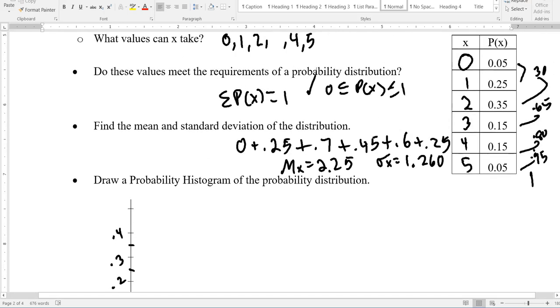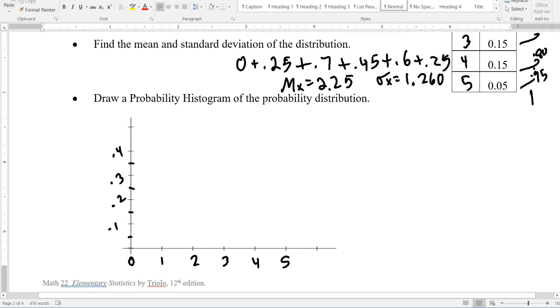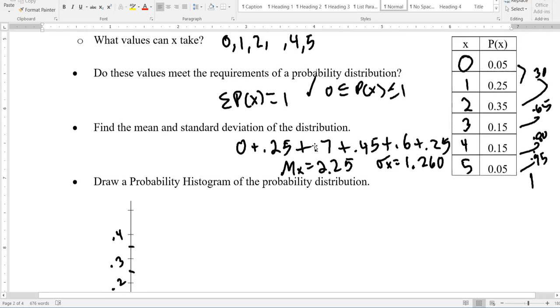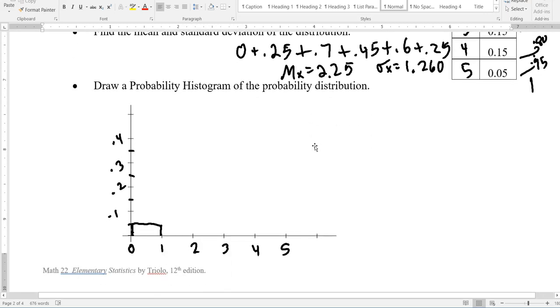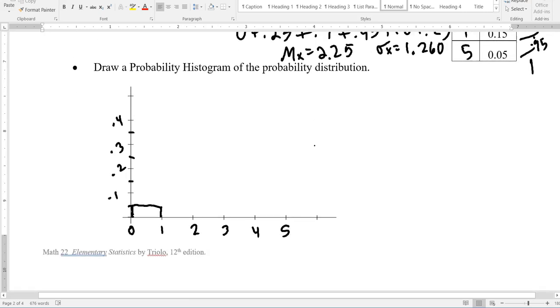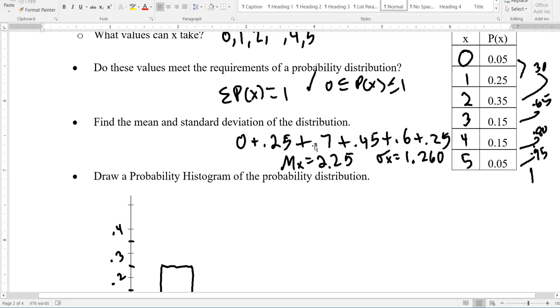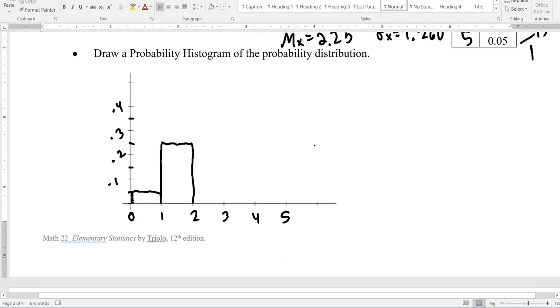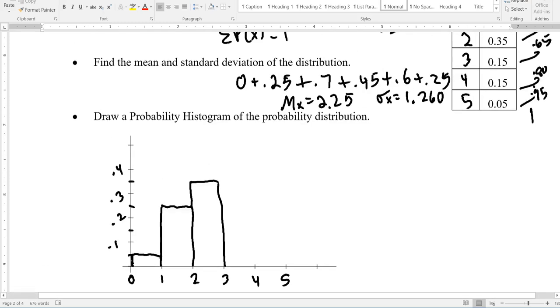So what was the probability there of 0? It was 0.05. So we make a bar between 0 and 1 that is 0.05. This you read as the zeros. What goes between the 1 and 2? 0.25. And that's all the 1s. What goes between 2 and 3? 0.35. And that's for all the 2s.